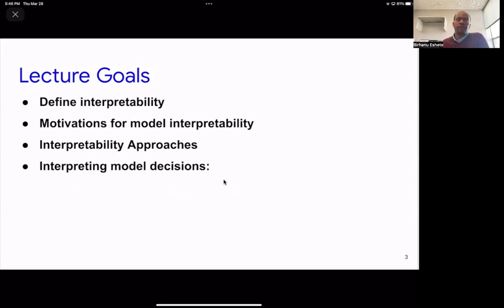So interpretability could be looked at in different ways, but the focus of this lecture would be interpreting what the model produces as an output, because you can also interpret the model as it is being trained, or you can interpret the model as an entity.